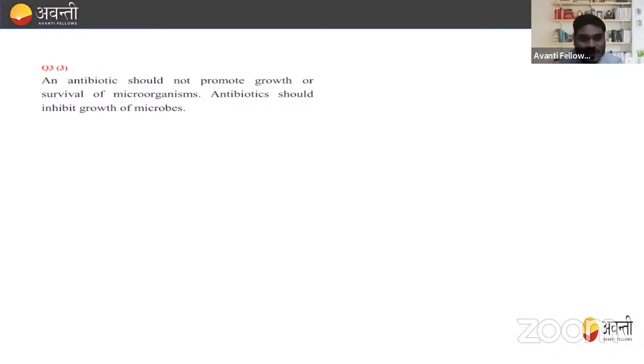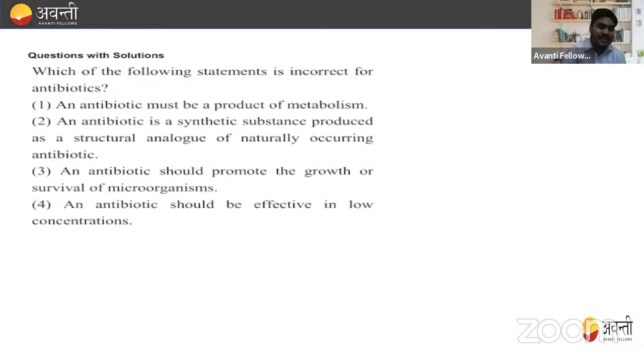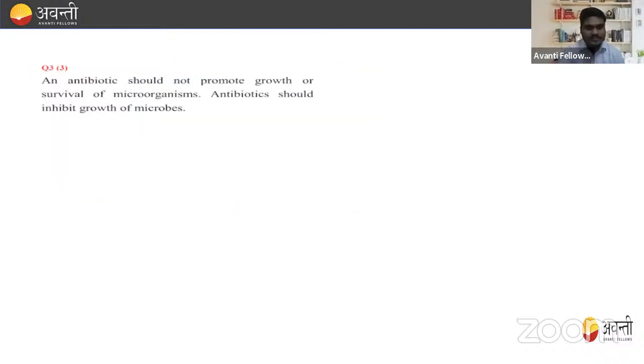Sorry, this is the incorrect option according to this question, because in this question they were asking about the incorrect statement for the antibiotics, right? So the incorrect statement for the antibiotic is option number 3. That is, the antibiotic should promote the growth or survival of the microorganism, right?